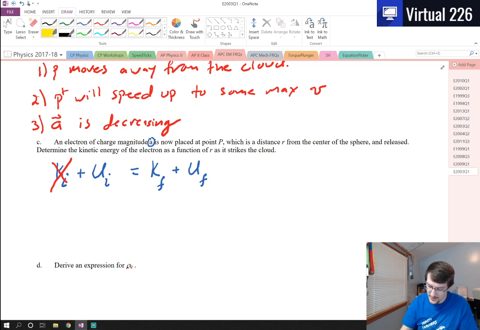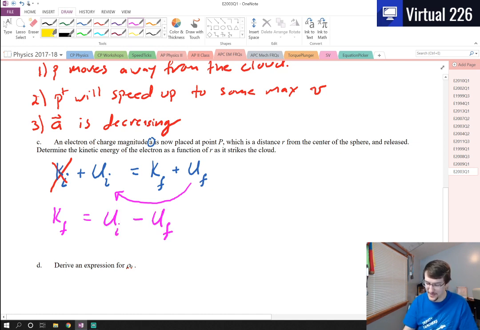And that means I can write that my final kinetic energy, what we're looking for, is just, excuse me, I wrote that wrong. My final kinetic energy, if I subtract this over, is just going to be my initial potential minus the final potential.